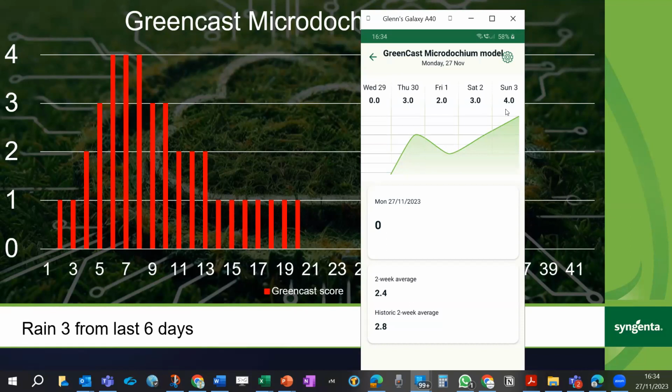I think one of the other really useful things to look at is this 2-week average. So although we're in a period of high pressure, this is completely normal. We're averaging for this 2-week period 2.4 on this Greencast model, and our average for this period of the year is 2.8. Now that will be made up of different things.